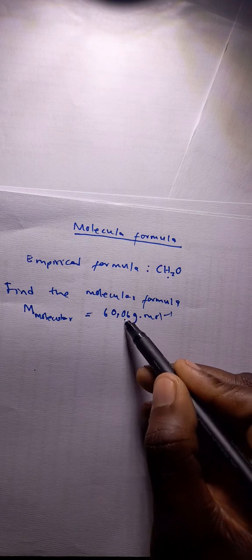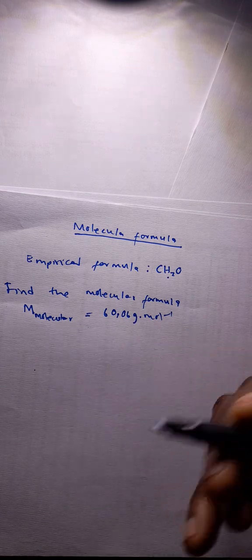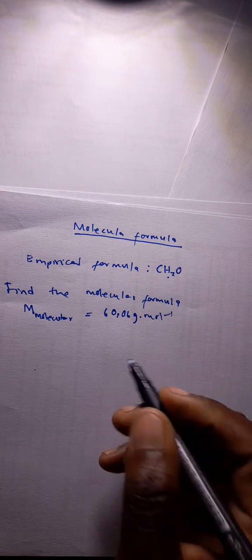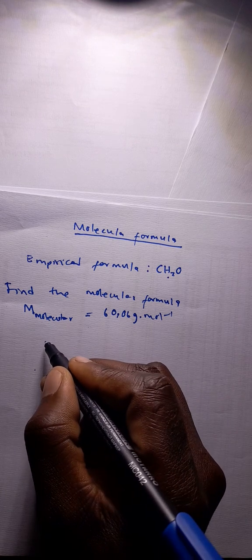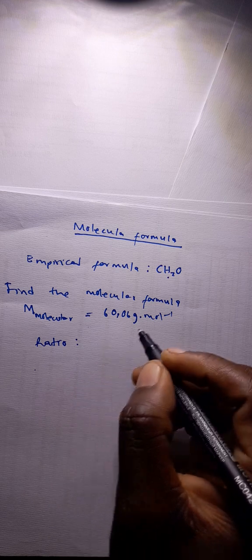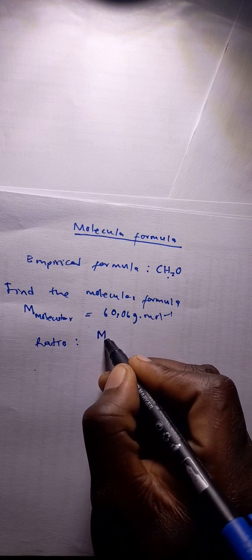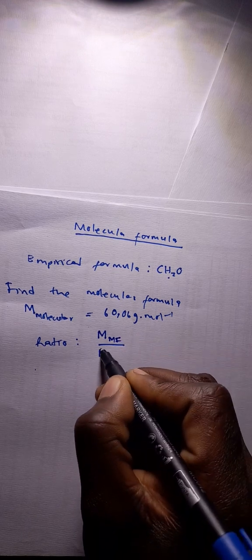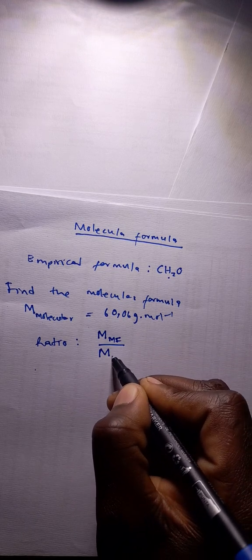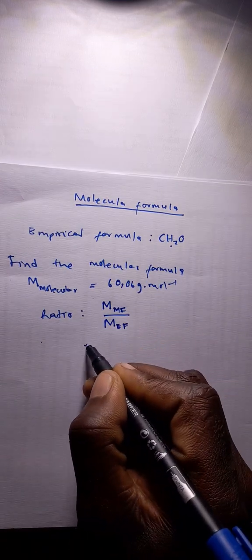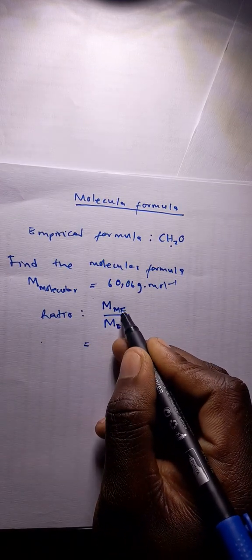The empirical formula is the one that you normally work out. There's no formula, guys, but you need to find the ratio, which will be the molar mass of the molecular formula over the molar mass of the empirical formula.